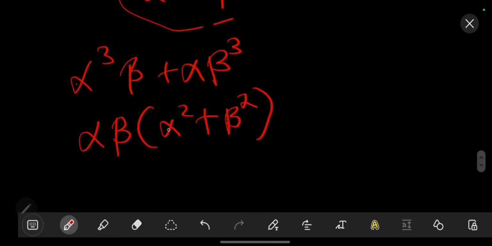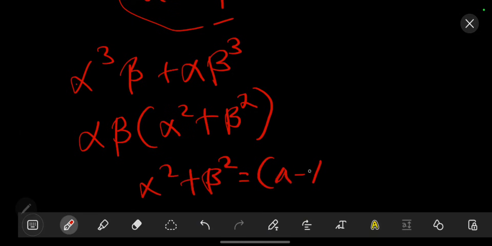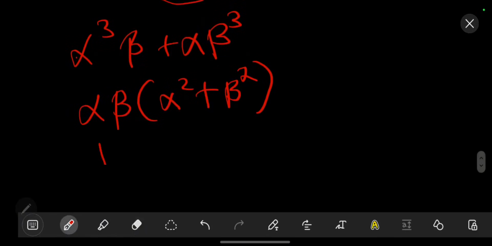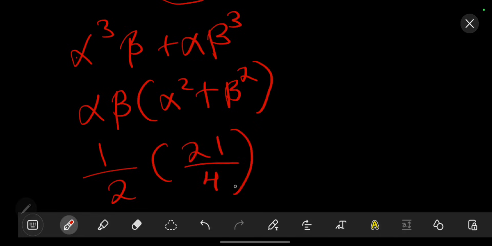So if you did not find what alpha squared plus your beta squared is equal to, there will be need for you to find the value using this identity. Now that we already know what the value of this is equal to, we can just replace. So we have our alpha beta is equivalent to 1 over 2 times alpha squared plus beta squared. This was the one that gave us 21 over 4 like that.